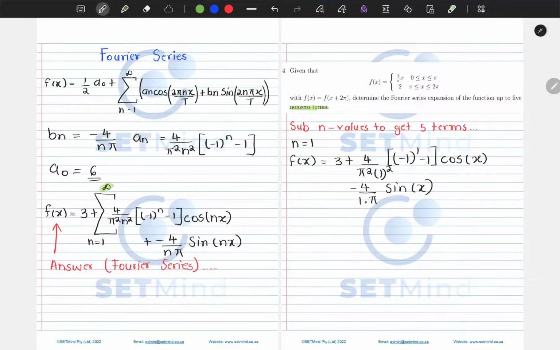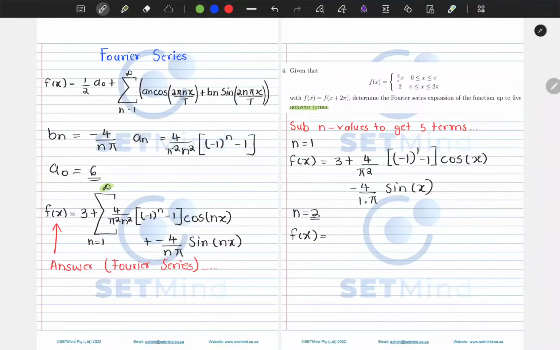And then now we can go to n is 2. At n is 2, we'll look at our f of x, and we'll have 3 plus... And before I go to n is 2, there's something I need to rectify. So remember that the A0 is only there at n is 0. So I can keep it in one of the terms, but I shouldn't repeat it.